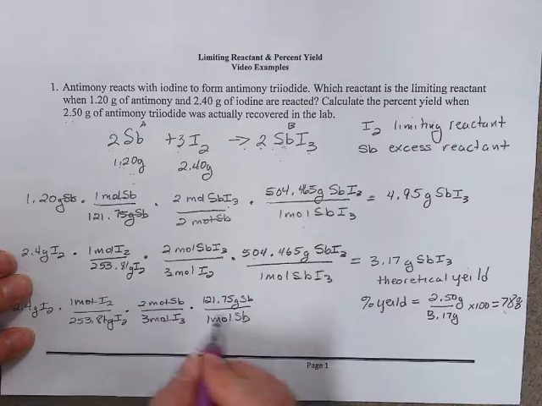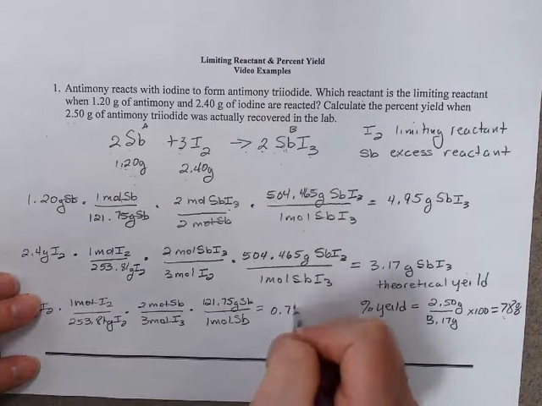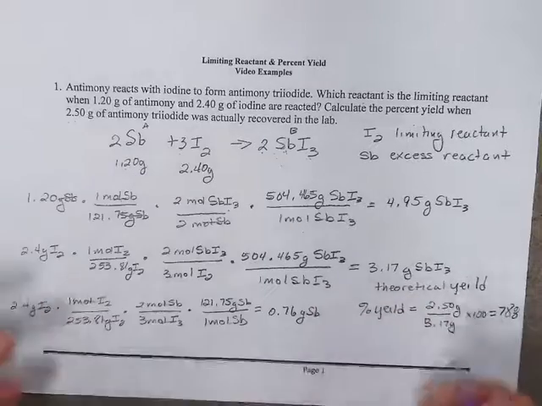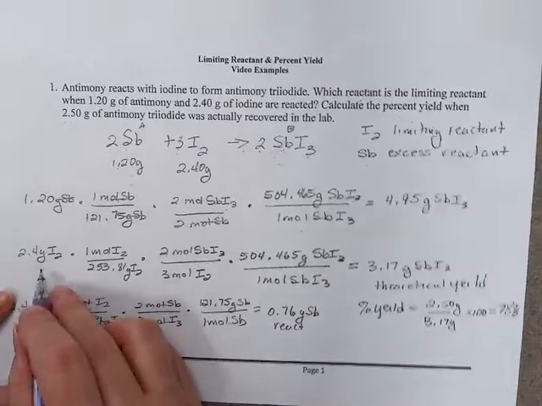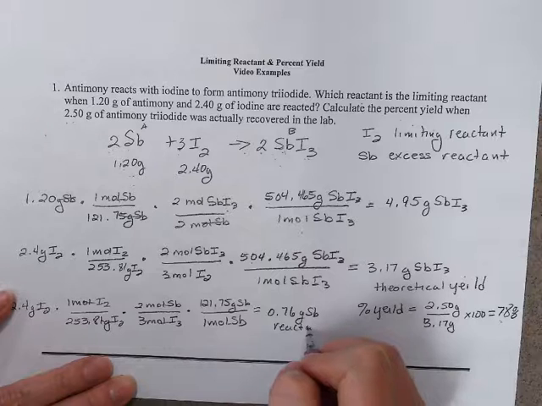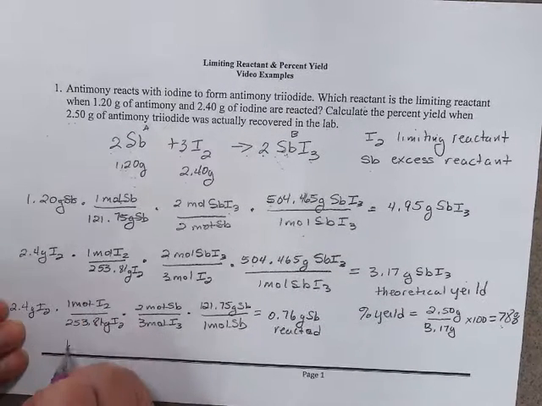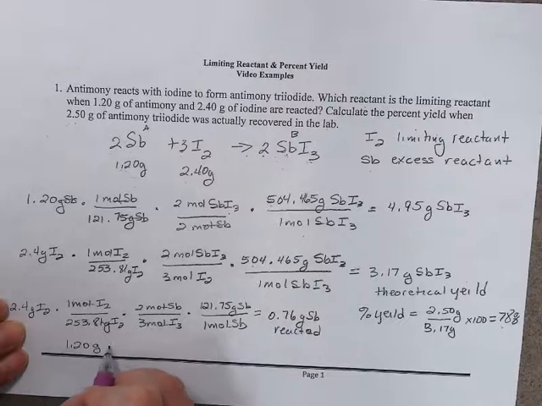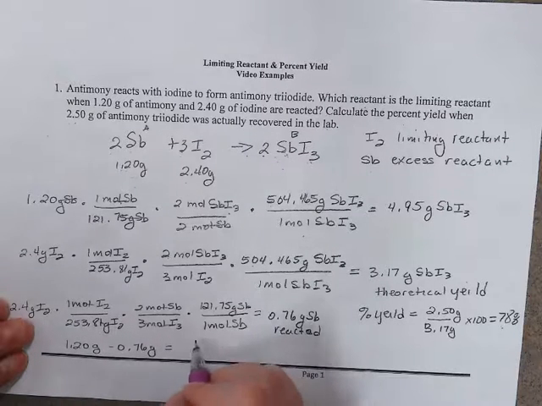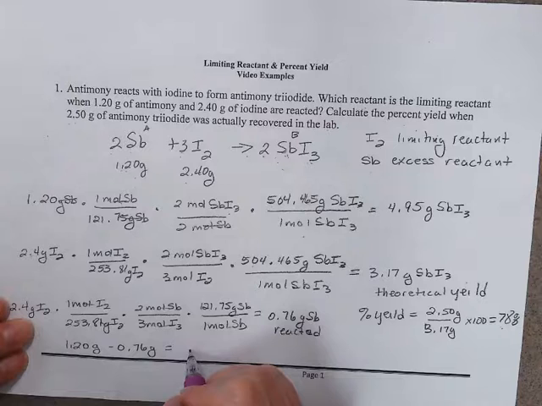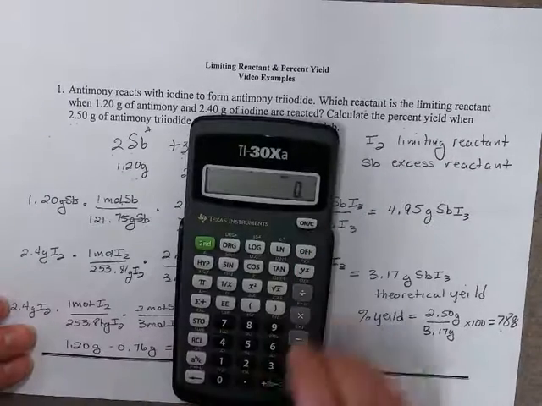Okay, so cancel our grams and moles. And then our final rounded answer happens to be 0.76 grams of antimony reacted with the 2.4 grams of iodine. Okay, and then how much was left over? Well, you take the 1.2 and we get, oh, I calculated that wrong, hold on.